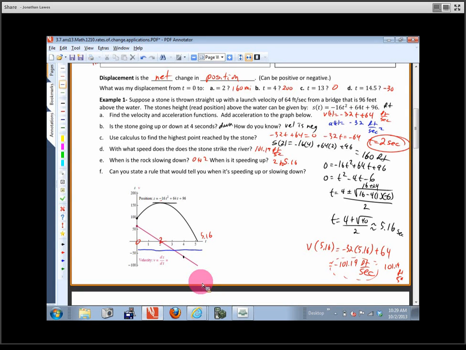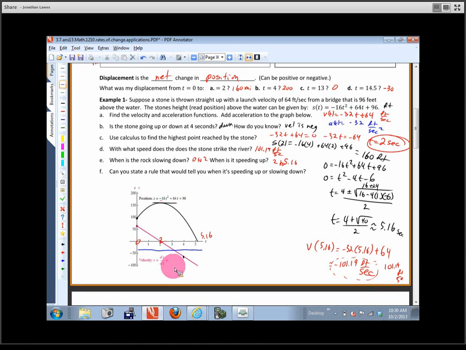Okay? So let's think about why this was slowing down. The velocity was positive. We threw it upward. Positive velocity going up. Gravity's pulling it down. Those two things are working in opposite directions. Then once it starts to go down, having a negative velocity, these two have the same sign. Acceleration is negative and velocity is negative. Okay? So it speeds up.